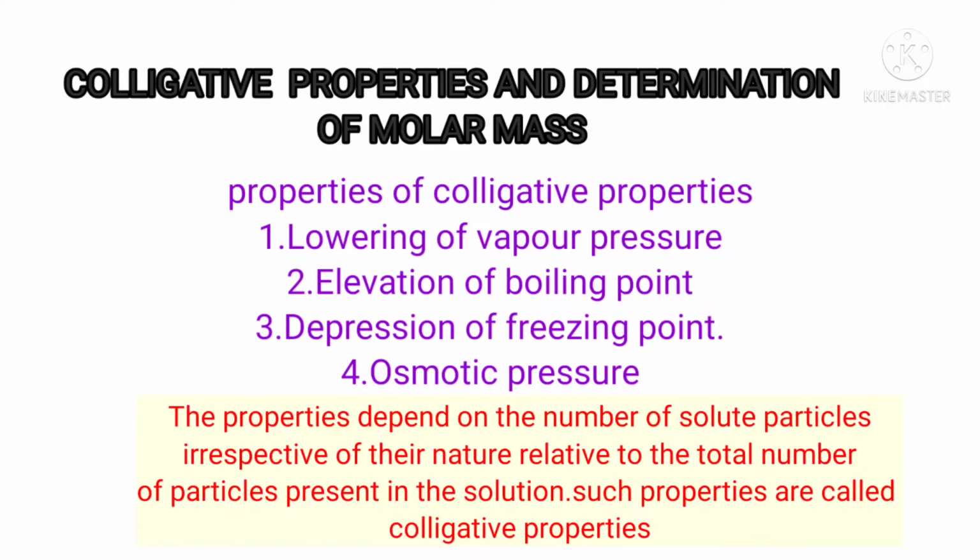Properties of dilute solution which depend only on the number of solute particles present in a given amount of solvent and not in any way upon the nature of solute particles are called colligative properties. All colligative properties are directly proportional to each other and also to the mole fraction of the solute in solution. And measurements of such colligative properties are important because they help in the determination of molar masses of the solutes.